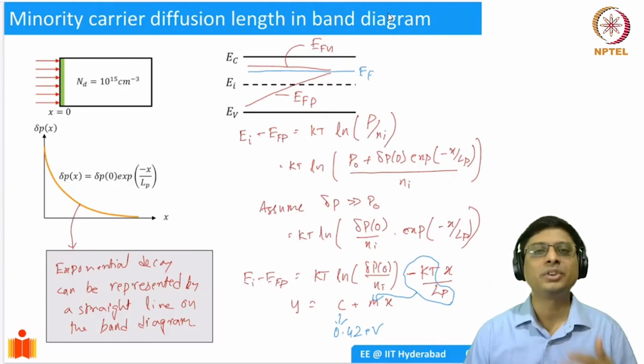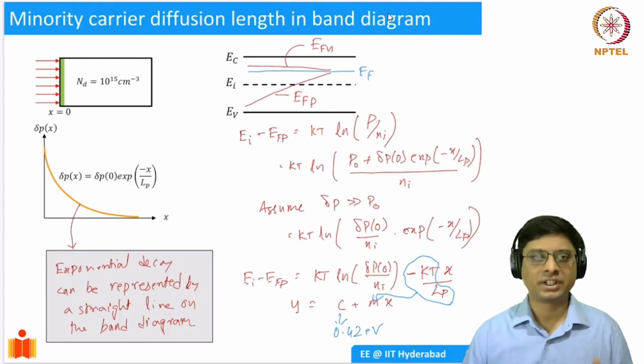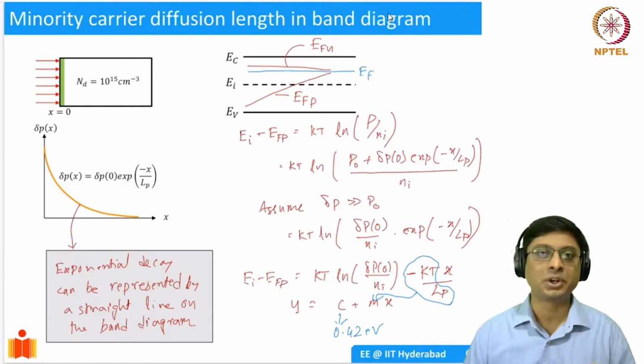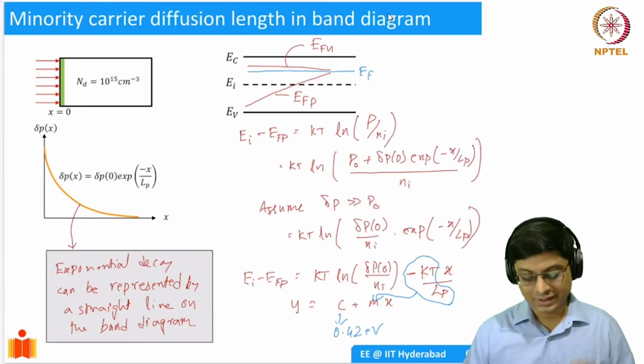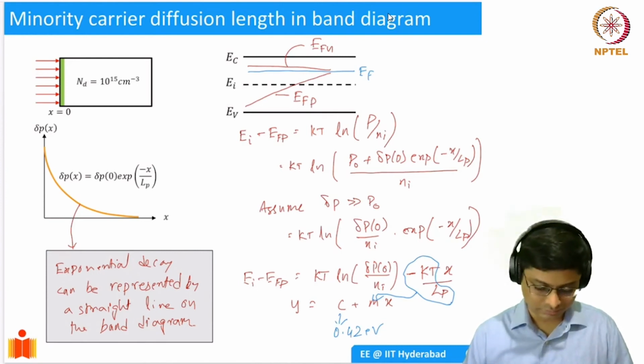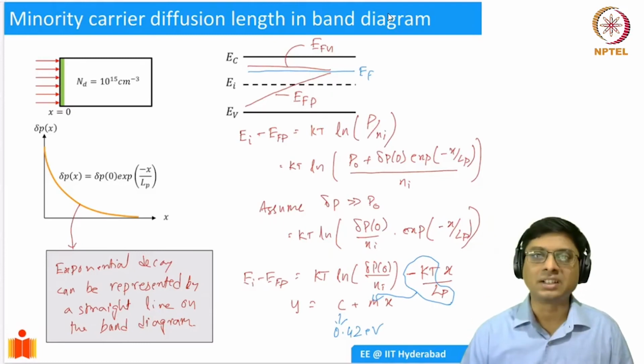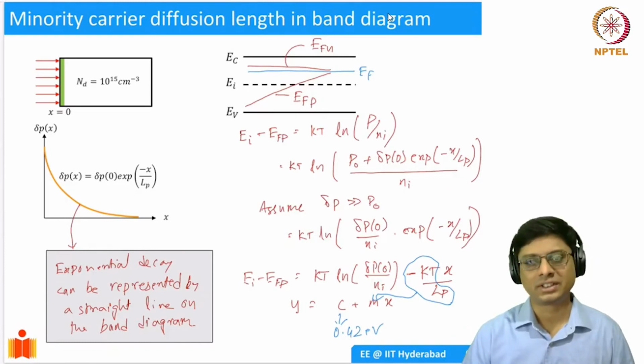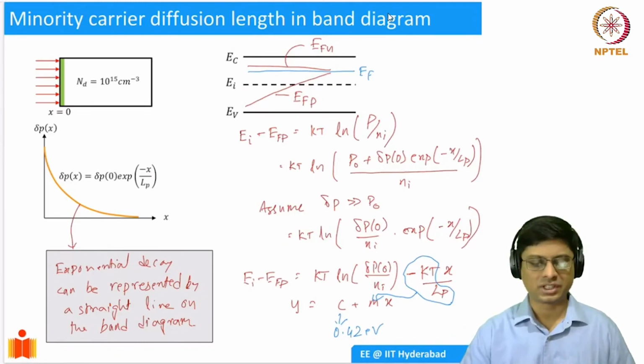The minimum it can get to is the equilibrium majority carrier density, which is 10 power 15 in this case. It only changes by 2 orders of magnitude, whereas the minority density changes from 10 power 17 down to 10 power 5. So 12 orders of magnitude. So you see that there is a large change in the minority carrier density, that's why EF is changing by a significant amount.